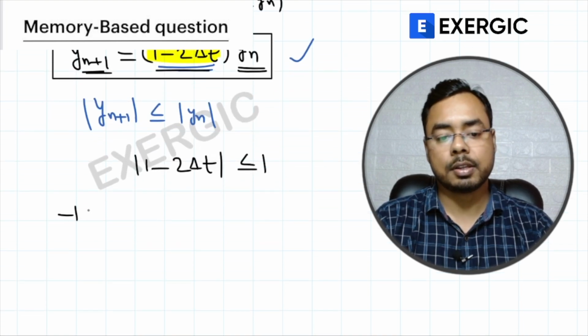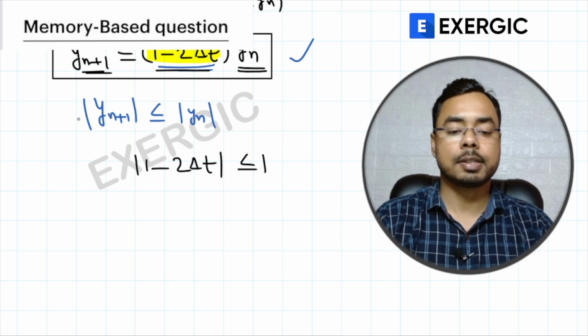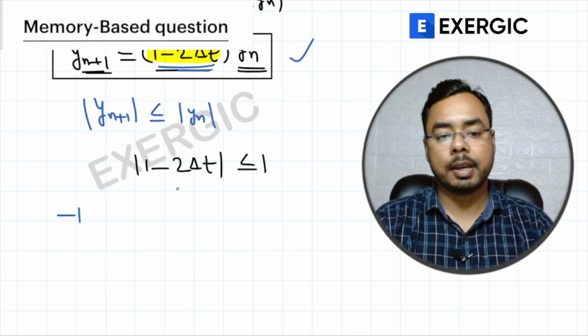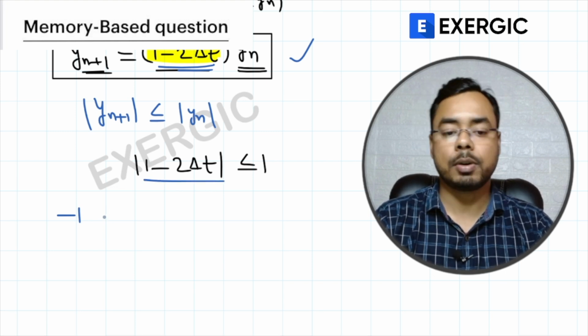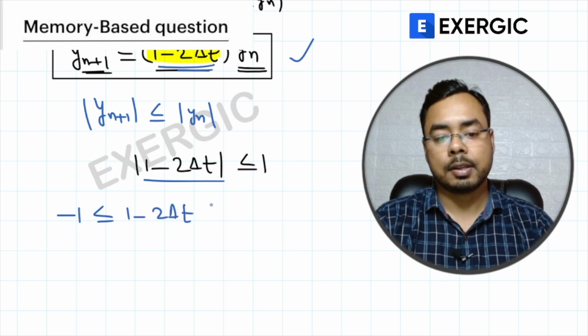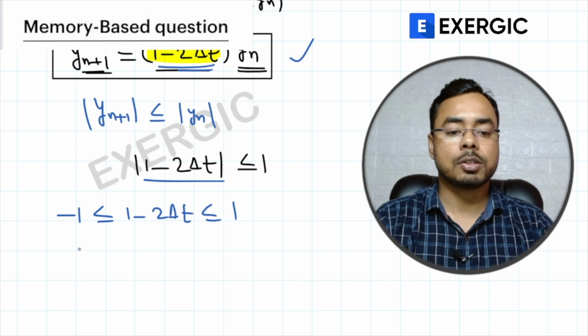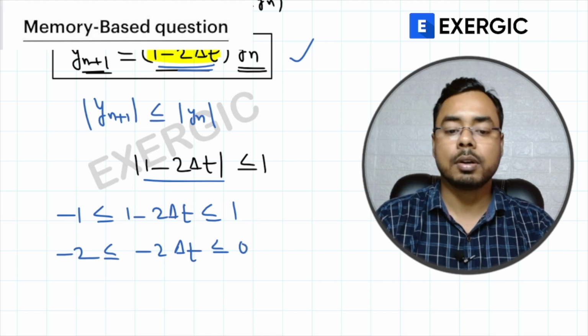We all know how to solve this type of modulus inequality, mod x less than a. So this quantity, 1 minus 2 times delta t, will be between minus 1 and plus 1. From here you will get minus 2 times delta t between minus 2 and 0.